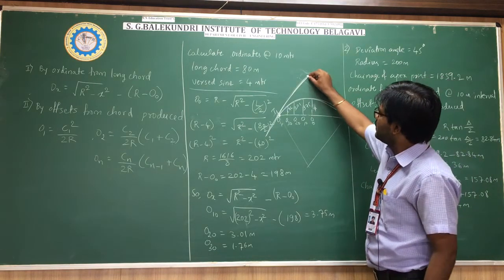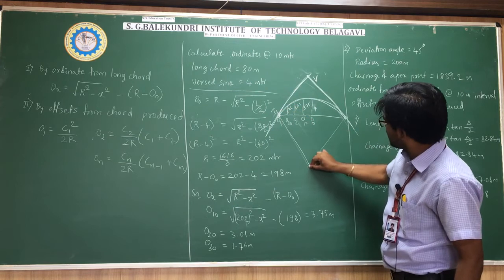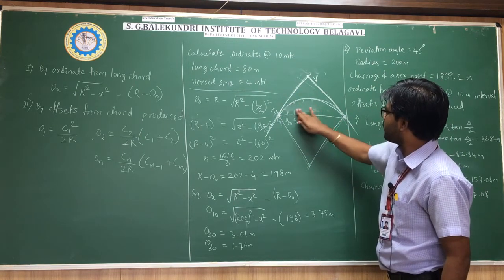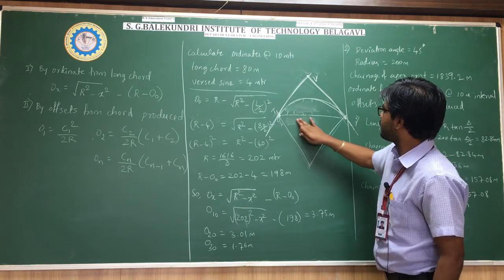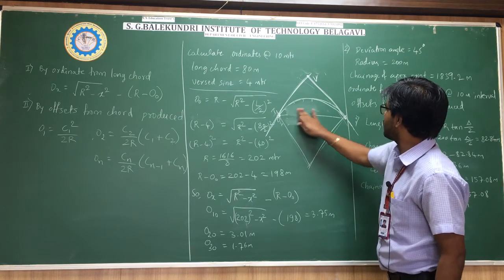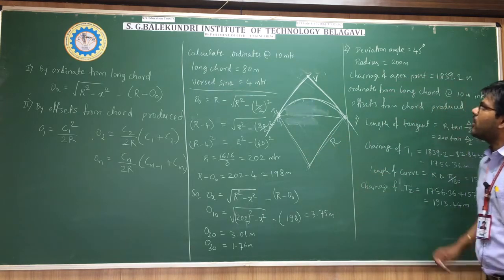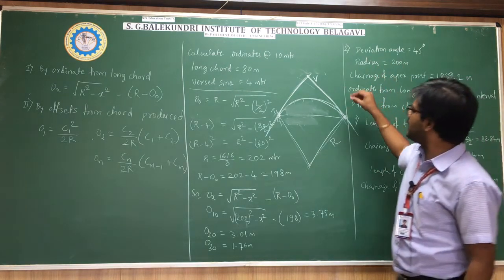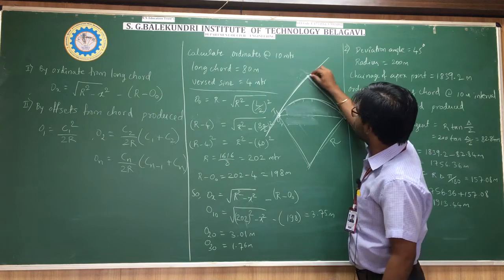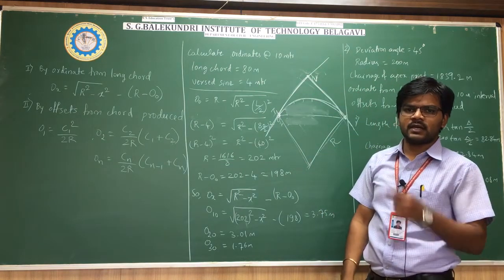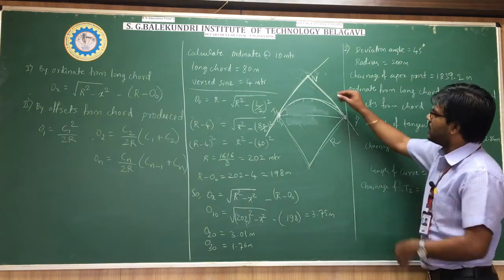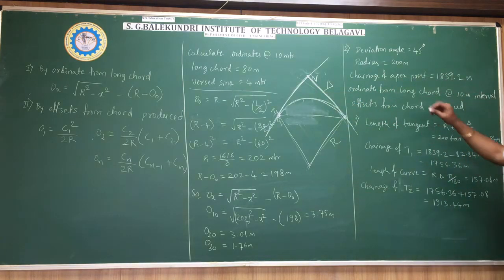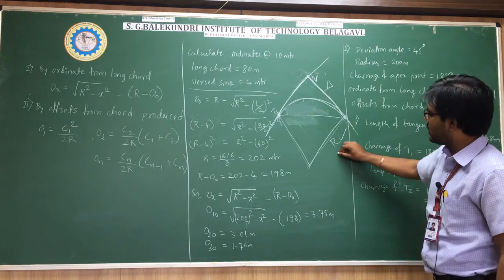Here this is the radius. In our question, he has given the deviation angle. Deviation angle means the point of intersection angle, that is 45 degree. We can write it as delta, 45 degree, and radius is 200 meter.